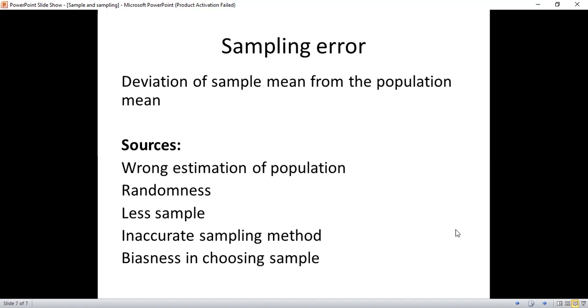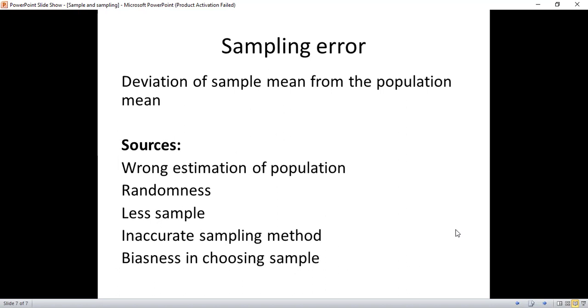That means we do not have much knowledge about the population, much knowledge about the characteristics shared by each person in that population, etc. Randomness, even though it is something that we employ as a probability sampling technique, sometimes can also give us a sampling error if our sample is very small.